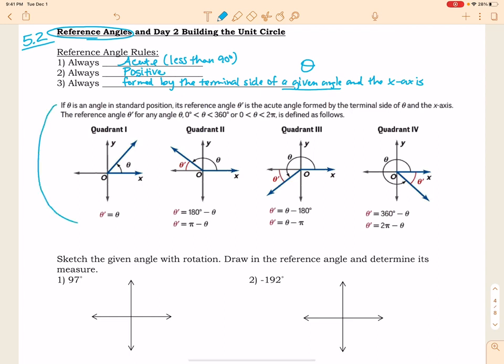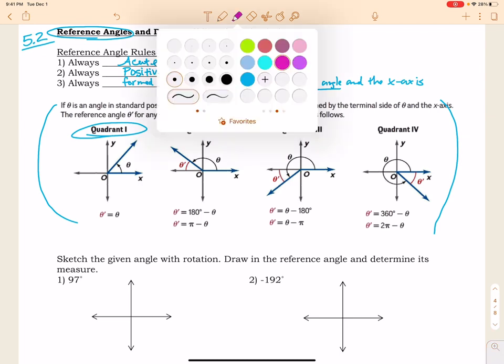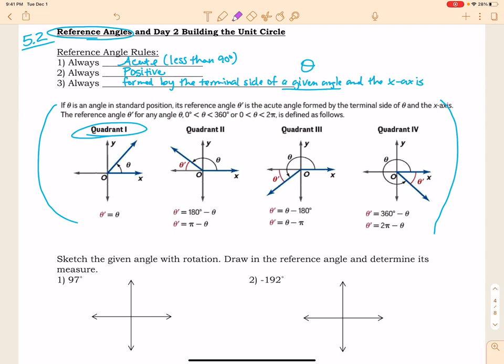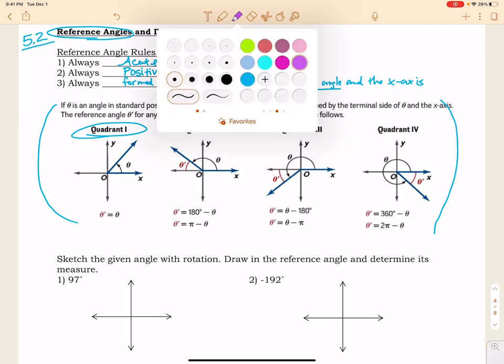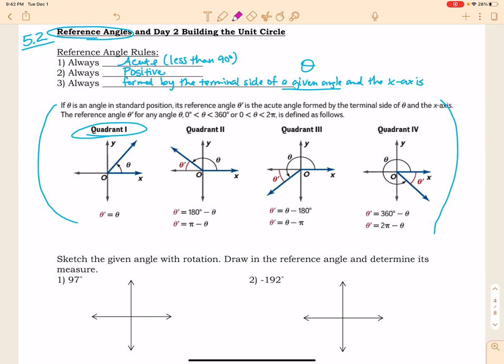So I've got a little picture for you here to display what this would look like in each of the four quadrants. So if we're in quadrant 1, I give you an angle, let's say theta.